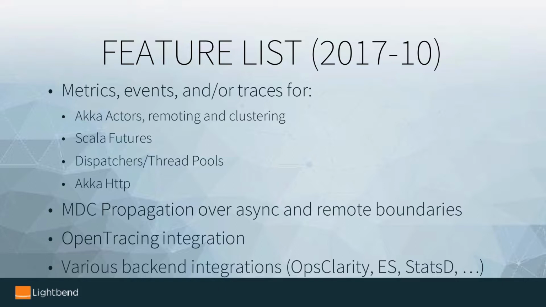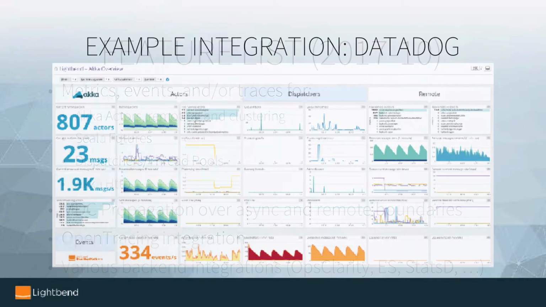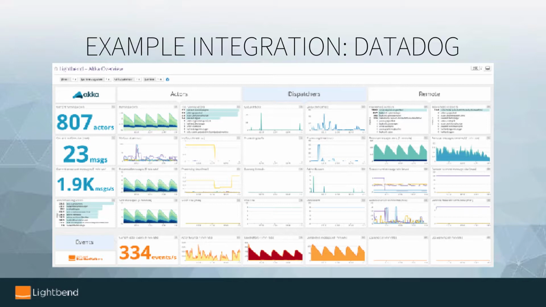As I mentioned earlier, we have OpenTracing integration, and we integrate with various backends. OpsClarity, which is our own, but we also have plugins for other things that you may want to use. So we have plugins for Elasticsearch, StatsD, Datadog, and so on. And actually, I'm going to show you a screenshot of the Datadog dashboard.